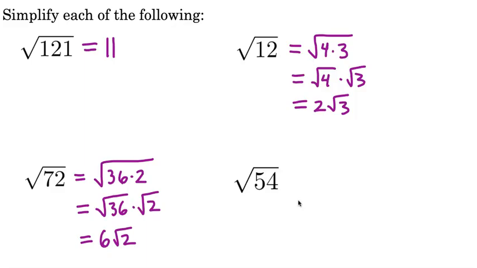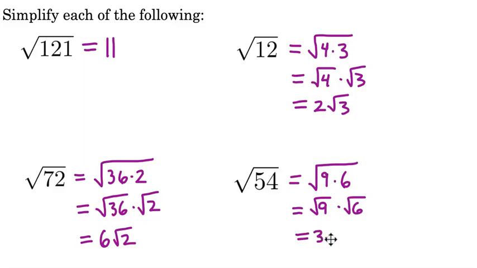So the first one up would be 25. 25 is not a factor of 54, so we move down. 16 is not a factor of 54, so we move down. 9 is a factor of 54, and the way we work means 9 is the largest possible perfect square. So 9 times 6, square root of 9 times the square root of 6, 3 square root of 6.